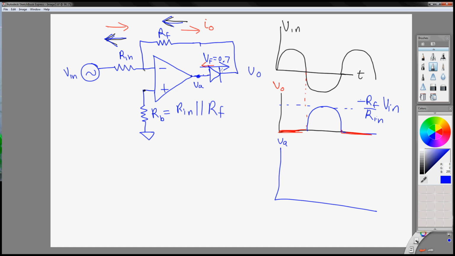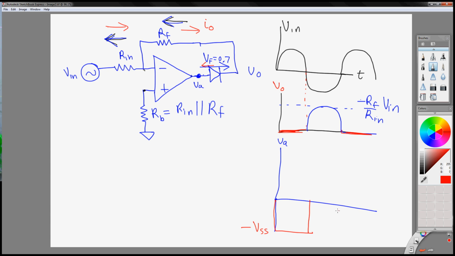Well, during the positive cycle, your op amp will try to go as low as it can, trying to generate a current that will flow this way like that, but since it cannot go over the power supply voltage, which is minus VSS, it will be saturated during that time. Use red to be consistent here. So during that time, it will be saturated at minus VSS.